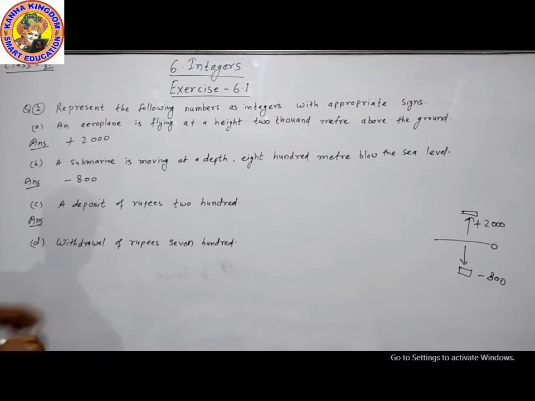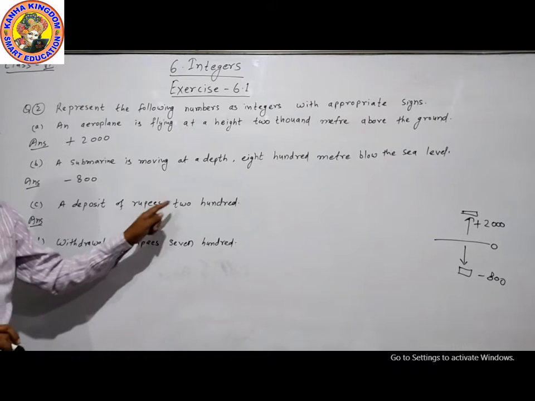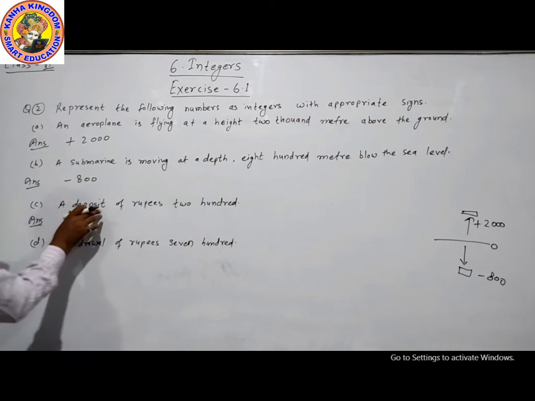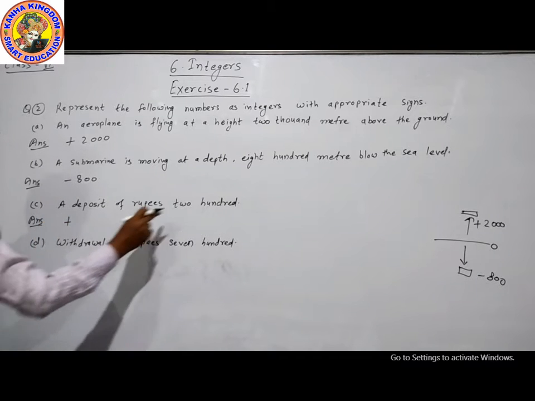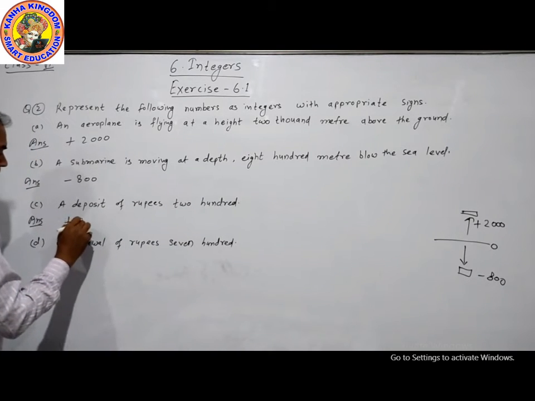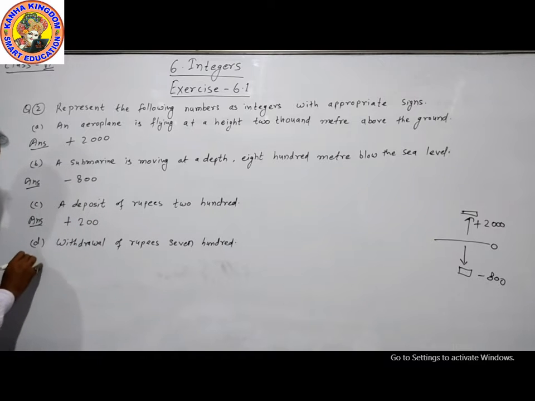Now next one is a deposit of rupees 200. When we deposit an amount in our bank, our bank balance will be increased. Increasing number will be denoted by plus 200.